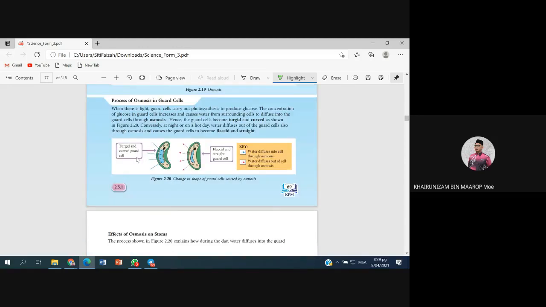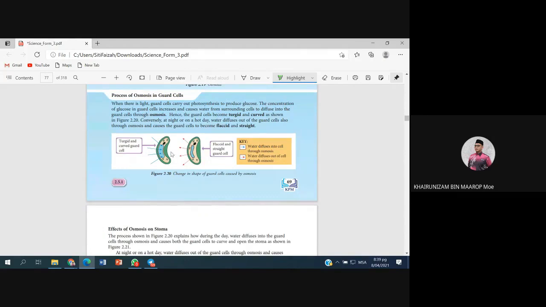So the process of osmosis in gut cell, when there is light, there is light means sunlight, gut cell carry out photosynthesis to produce glucose. I told you just now. The concentration of glucose in gut cell increases and cause water from surrounding cell to diffuse into the gut cell through osmosis.